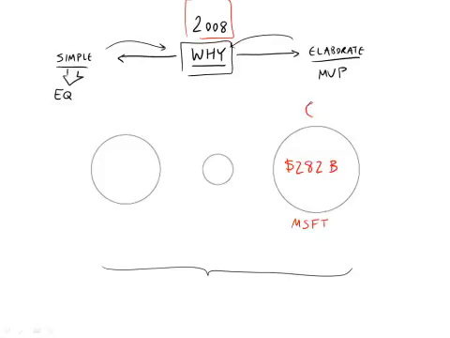And Microsoft was run by a guy named Steve Ballmer. And there's Steve up there. The second company we want to talk about, a second circle, was a smaller company called Yahoo. And Yahoo in those days had a market cap of about $35 billion. So the sizes of these circles are actually accurately proportional to the total size of those market caps. And of course, Yahoo at that time was run by a guy named Jerry Yang.